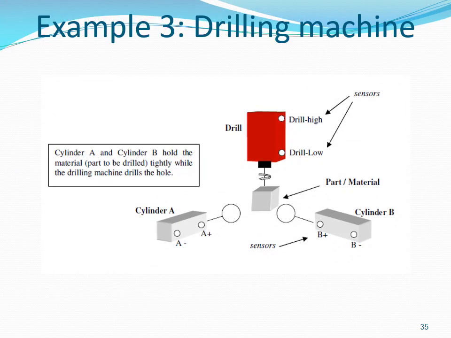The third example is a PLC solution for the operation of a drilling machine. The material being drilled is held in position by a mechanism driven by two hydraulic cylinders A and B. To hold the material in position, the cylinders have to be extended. To release the material, the cylinders have to be retracted. Before starting the drilling process, the drill has to be lowered.